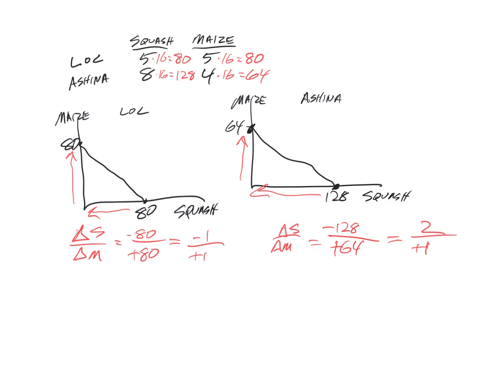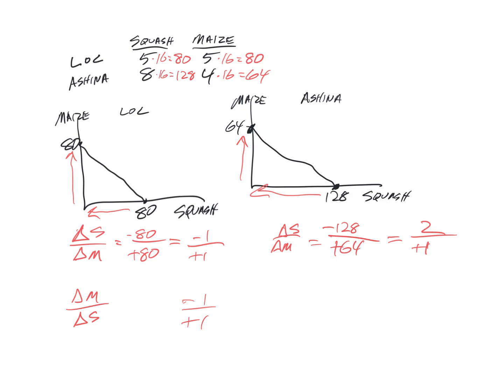Now, let's just flip this over. Take the reciprocal. And of course, the reciprocal of 1 is 1, so nothing changes there. One squash costs 1 maize.